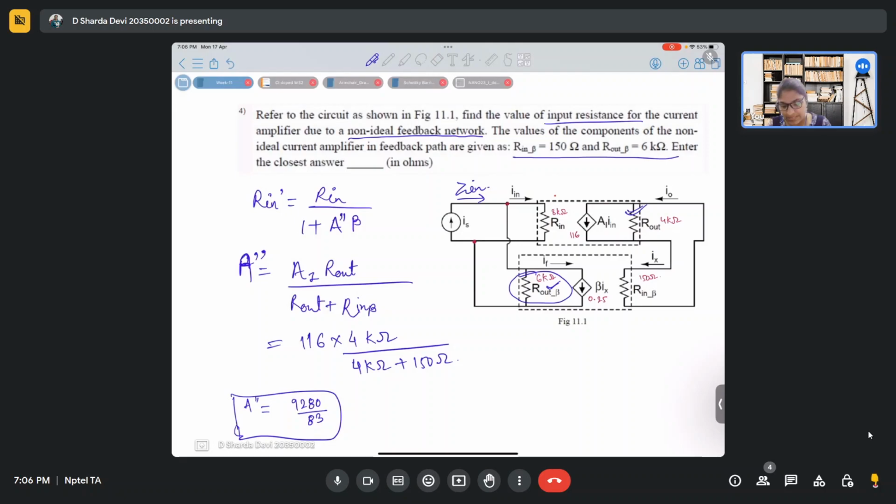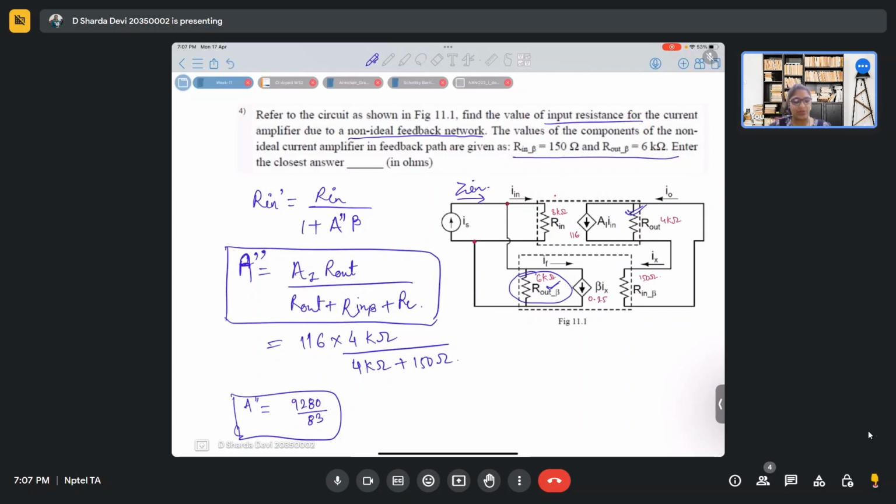It's 116 into 4000 by 4000 plus 150. So you must be getting 9280 by 83. So it is R out by R out plus R in beta, plus RL also. I'll write it down for the formula, but since we don't have RL, we'll neglect that.